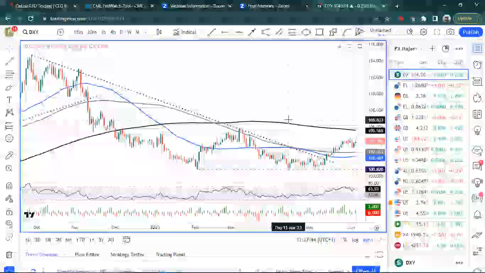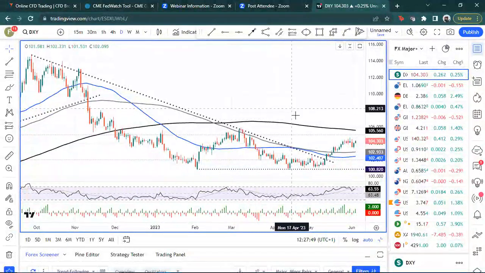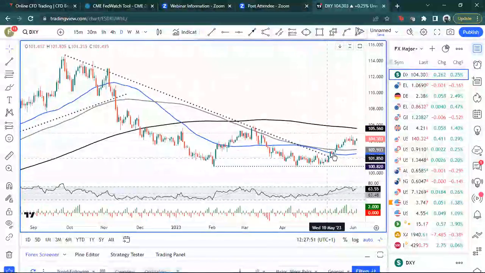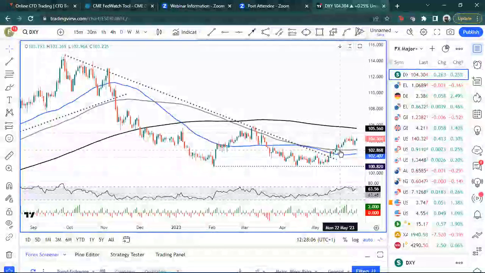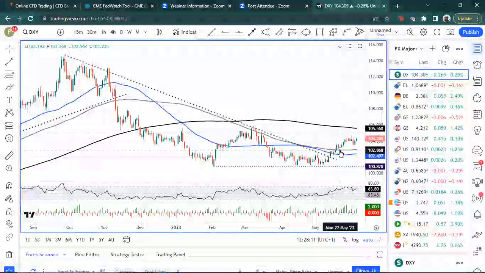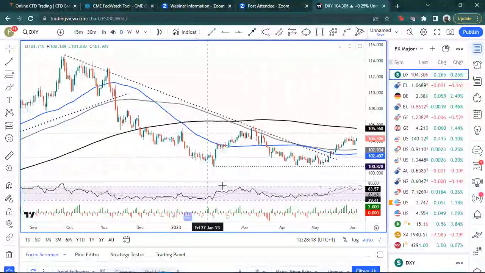So that's really all we have in the US, second tier data, but it should probably keep an underpinning of support in the DXY, and pricing for the Fed probably kept around that 75-25 level, 75% chance of being unchanged and a non-negligible chance of a rate hike. But certainly that skip theme is what markets are currently holding on to at the moment.